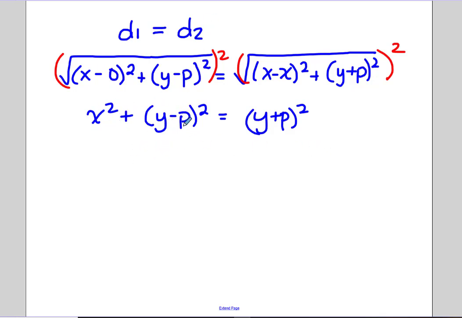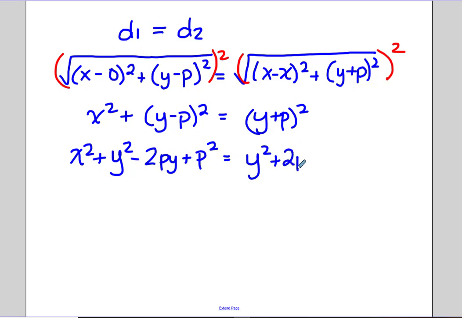So if we expand both of these binomials, we've got x squared plus y squared minus 2py plus p squared is equal to y squared plus 2py plus p squared.